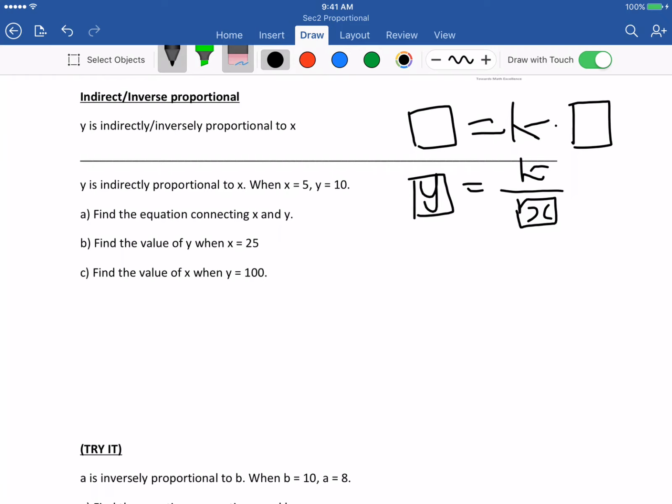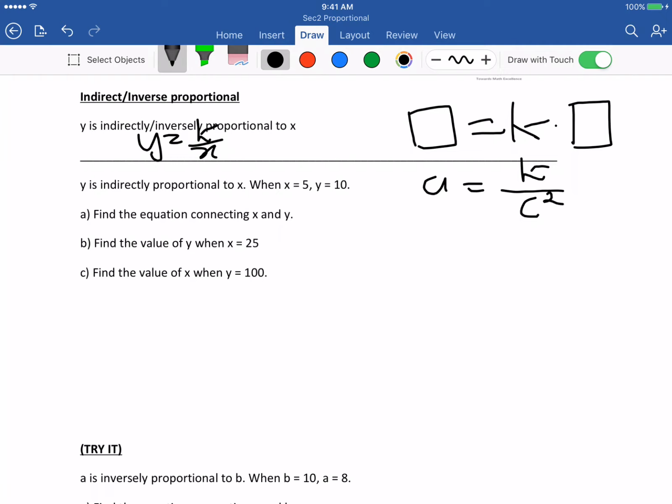If I say that a is indirectly proportional to b, a equals to k over b. If I say that maybe a is indirectly proportional to c squared, so just a equals to k over c squared, just like that. Pretty straightforward. So y is inversely proportional to x, so write y equals to k over x.